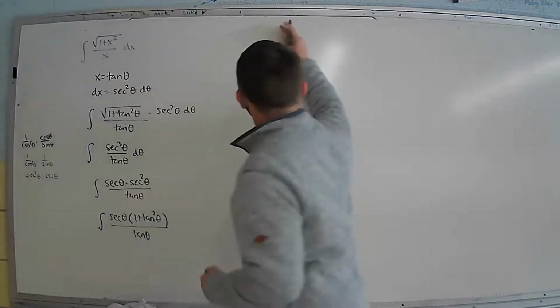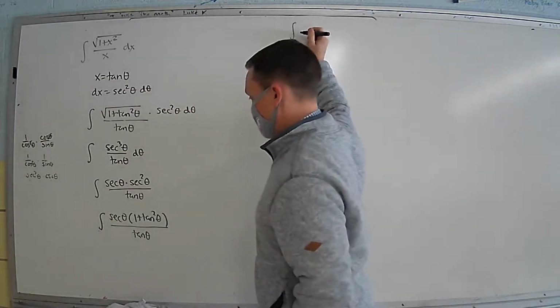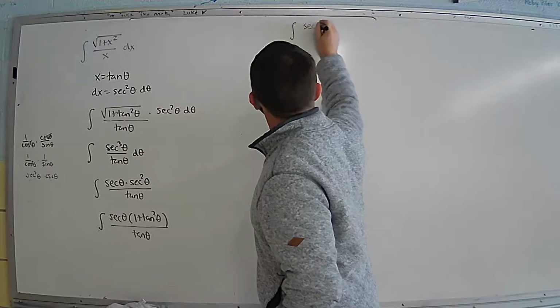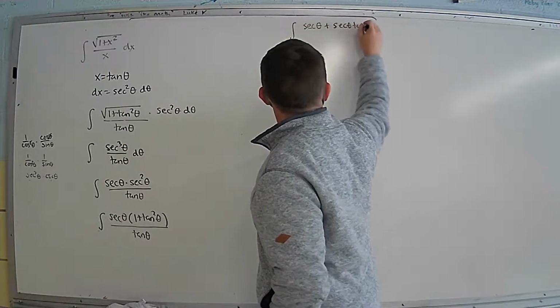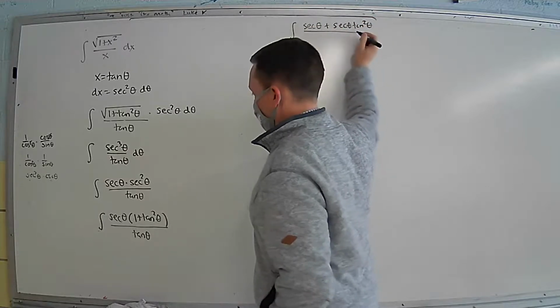Which makes it equal to, up here I'll go up top, secant theta plus secant theta tangent squared theta over tangent theta.